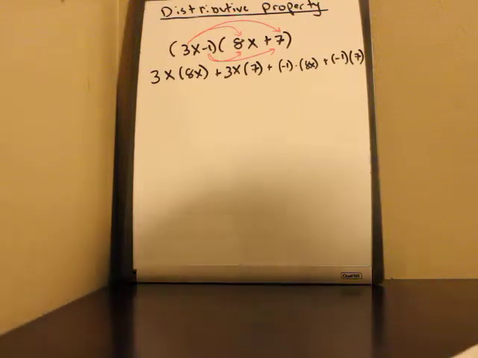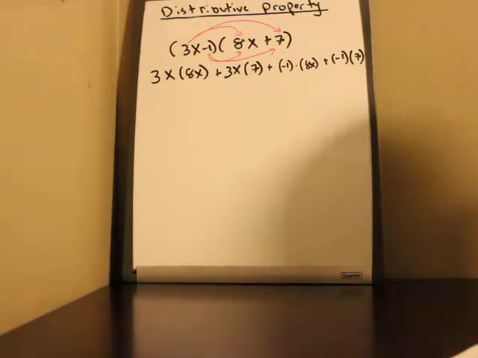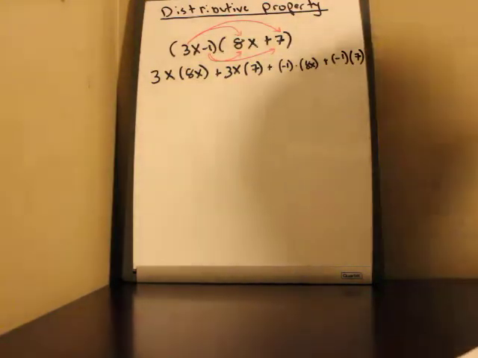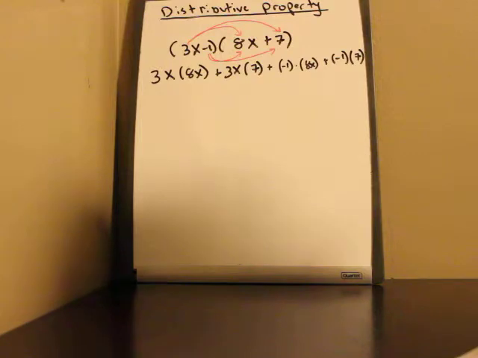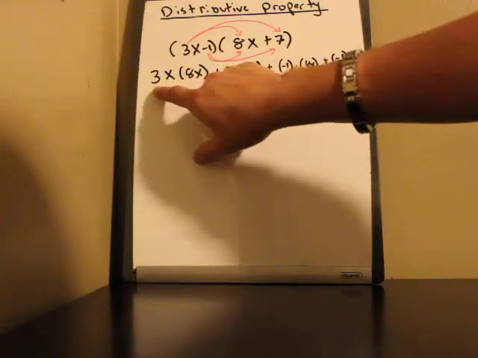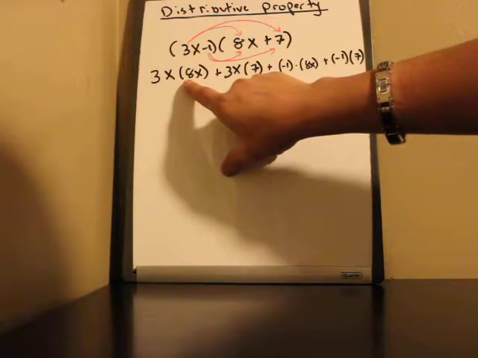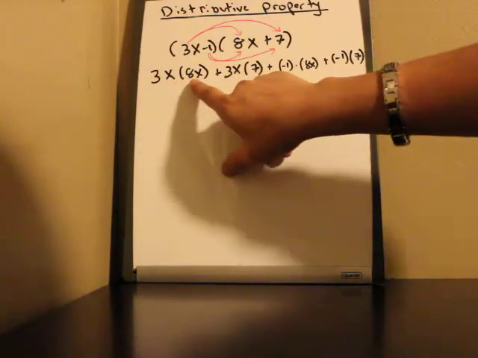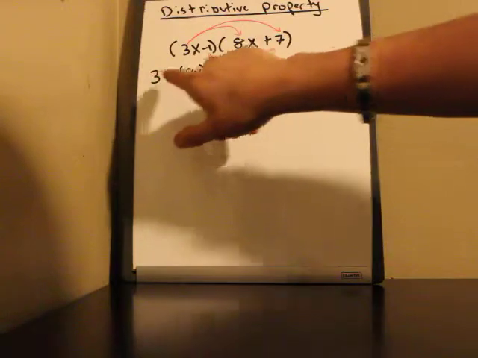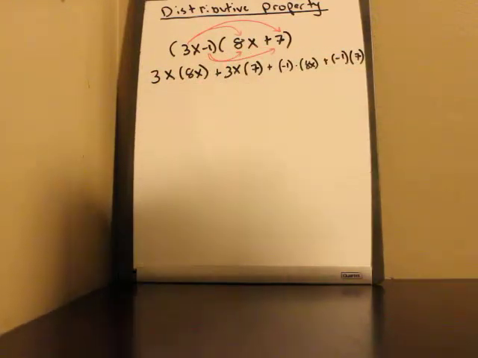The one thing that we can do to simplify this down a bit is start simplifying the solutions that we have here. And one way to do that is we are going to notice, okay, 3 times 8 is 24, but we have x times x, right? So we have 24 times x times x, and that's x squared.